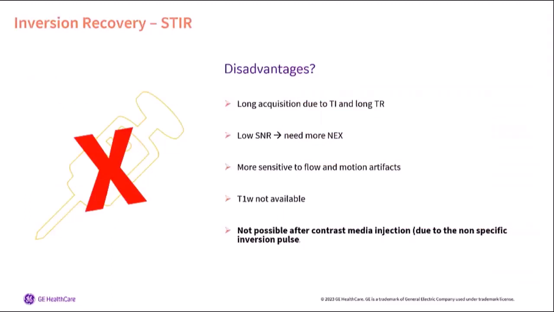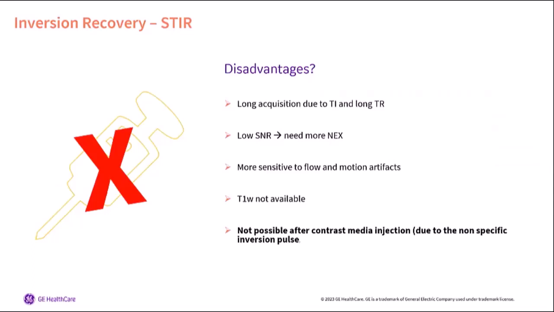And what are the disadvantages? So long acquisition compared to the chemical fat sat, due to that inversion time that we have to allow into our TR as well. It has low SNR, so we need, in most cases, to either increase NEX or reduce our acceleration so we don't have a very noisy image.